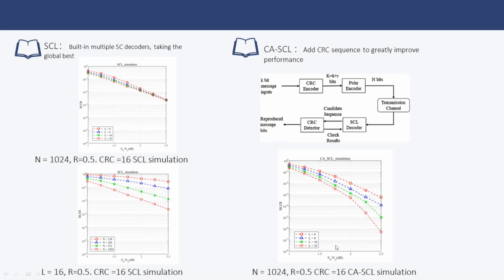Here I got the simulation from the code, and the parameters are literally the same as in this one, but comparing the two pictures, we can easily say that the CASCL has better performance, which comes from the CRC encoder and detector.